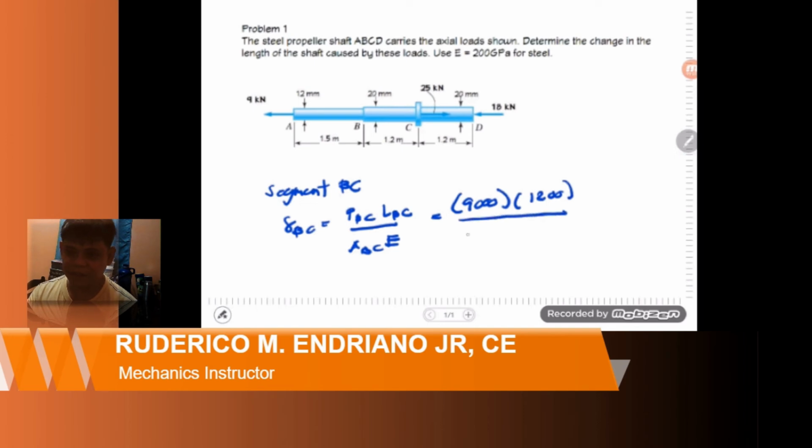And we have a larger diameter of 20 mm. So that will give us a bigger area, but we have the same modulus of elasticity. So the change in length at segment BC is equal to 0.172 millimeters. And since P_BC is in tension, we also have elongation for this segment.